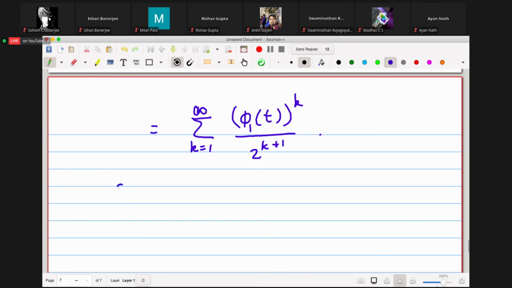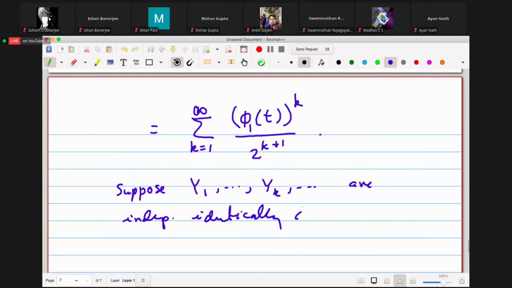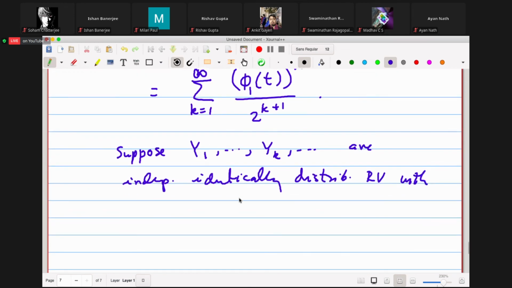You can also suppose that y1, ..., yk, ... are independent, identically distributed random variables with the characteristic function phi1.